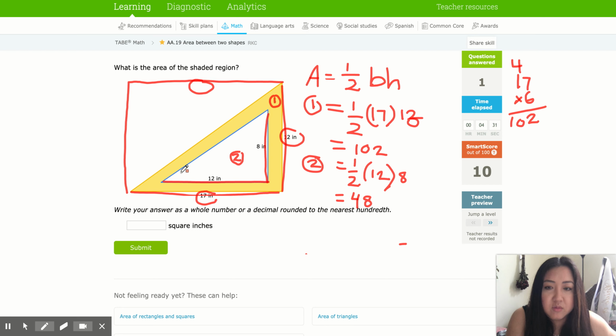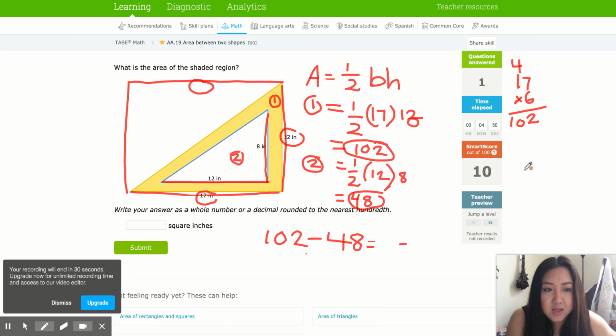And then remember, we do not want the white triangle, so we're just going to subtract it from the big one, all right? So let me circle them so I remember what numbers I'm supposed to be using. So it's 102 minus 48. Oh, sorry, my 4 looks a little silly. And I'm going to do that on the side, actually.